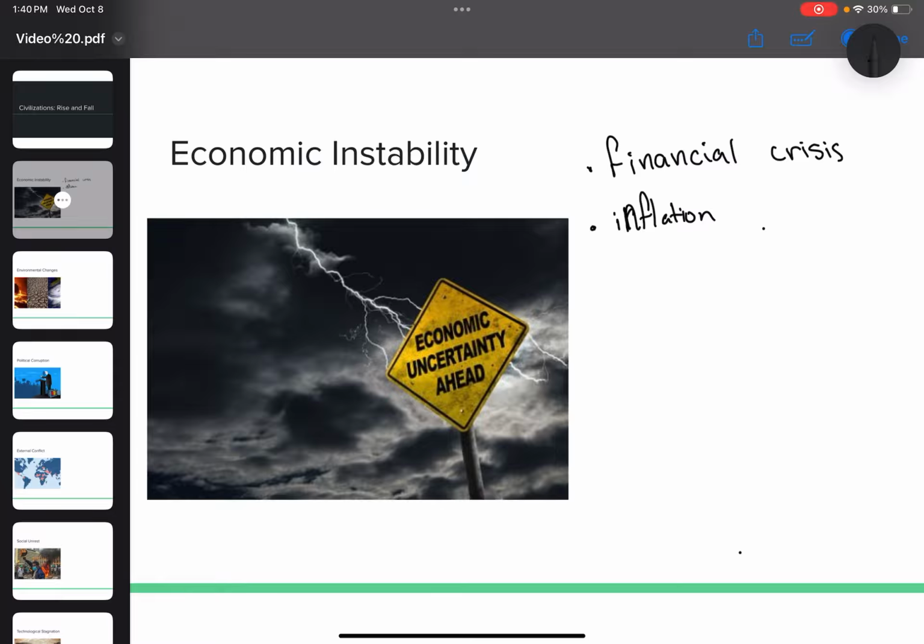It could be the cost of eggs going up. Those are ways that we see that today. When the cost of goods goes up, it usually challenges the economy in one direction or another. The next one is unsustainable policies, which eventually will weaken civilizations.